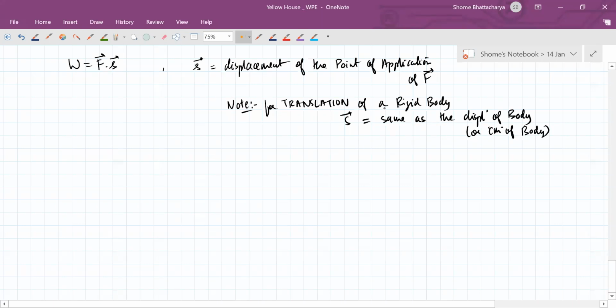But in other cases, it may not be the same thing, like I showed you with those examples. So now let's look at a typical example and see the implementation of this formula in calculation of work done.